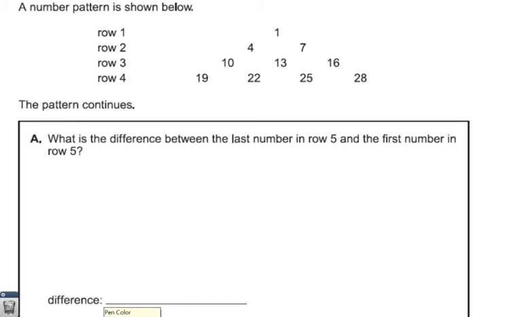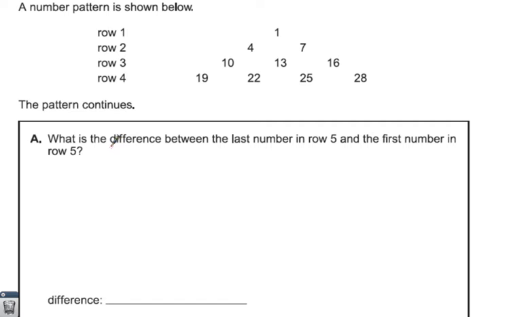Alright, so part A, they give you this number pattern in these rows, and it says the pattern continues. And then part A asks a very specific question, and please understand what it's asking.